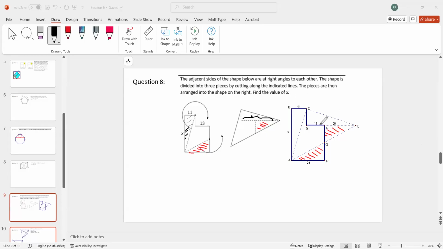So all right. So the problem is to find the value of x, right? Which we don't know.